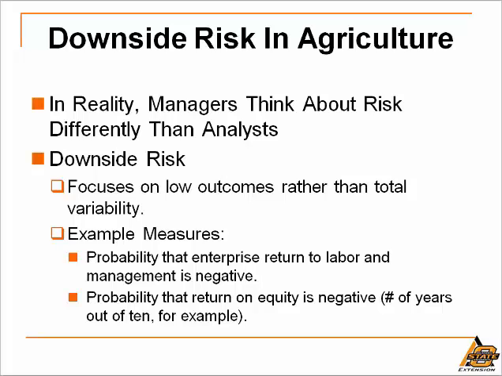For example, in a given year, maybe we expect calf prices to be $2 a pound, with a 25% chance that they could be above $2.50 and a 25% chance that they could be below $1.50. Managers often don't worry too much about employing risk management strategies to mitigate the impact on their business if prices are above $2.50, but rather they focus on what would happen if prices fall below $1.50.